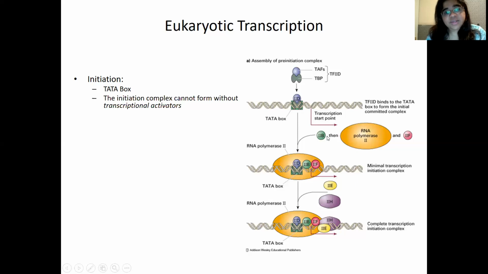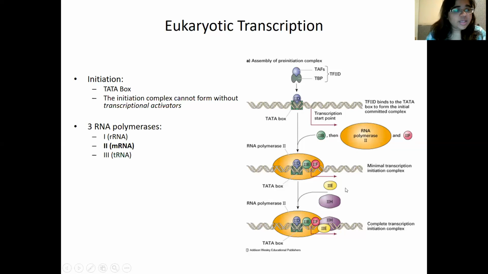So this is transcription factor 2D. 2B comes in, with RNA polymerase 2 and 2F, the transcription factor 2F, they all come in and it's like, okay, guys, we need to get this going.